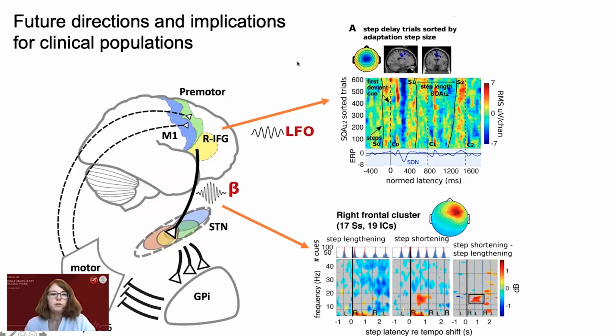So what does this mean for clinical research, for example? For Parkinson's, I think these results may be very interesting because both the error-related potentials and beta oscillations are modulated by dopamine in the brain. And as we know, dopamine is deficient in the brain motor system in Parkinson's.